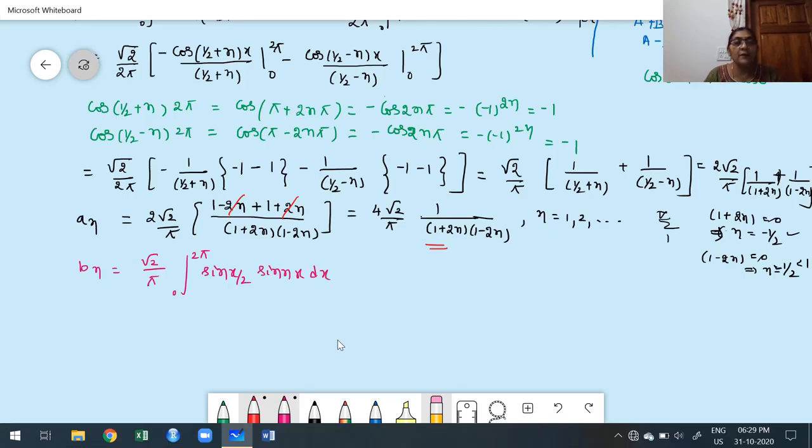This is nothing but the sine A sine B formula. What is my sine A sine B formula? Observe carefully.